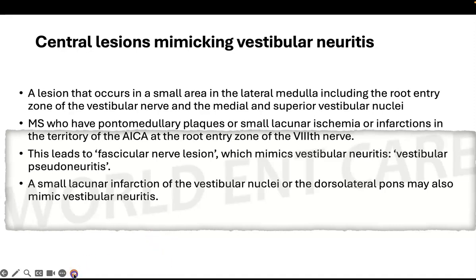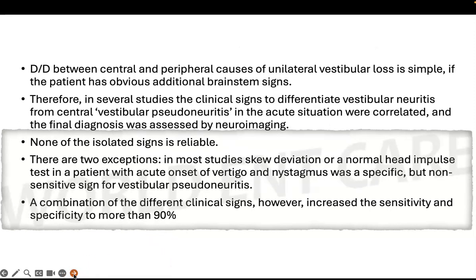Now, the differential diagnosis between central and peripheral cause is easy when there is an obvious additional brainstem sign, but if brainstem signs are not there, then differential diagnosis becomes difficult.